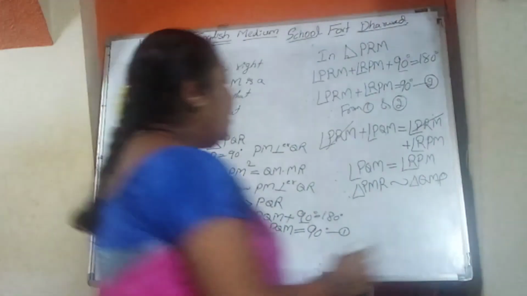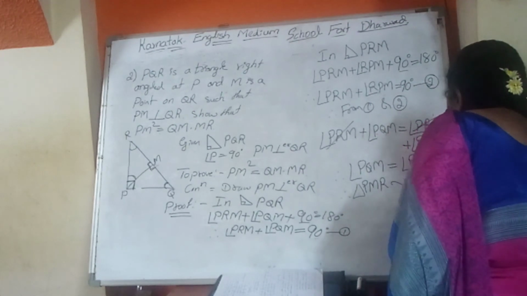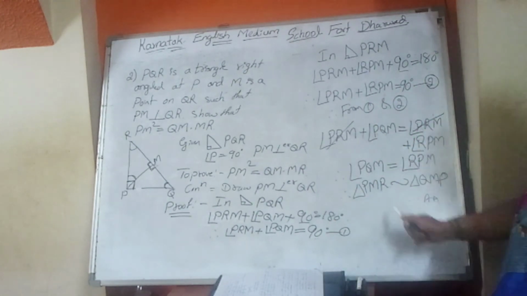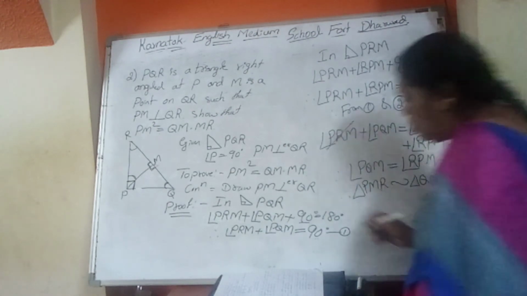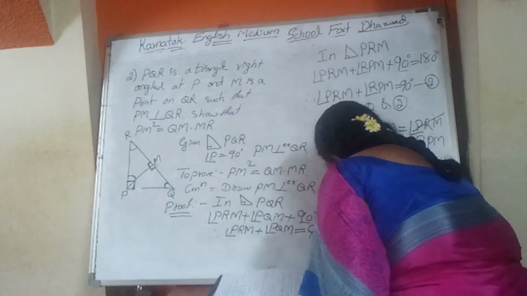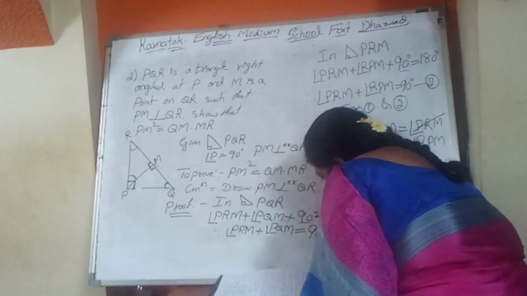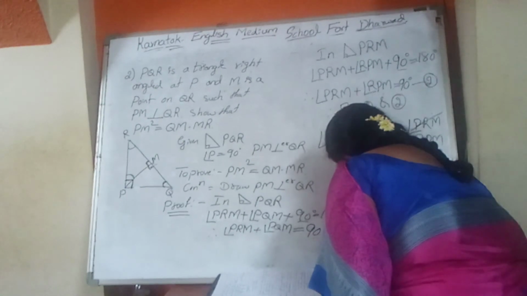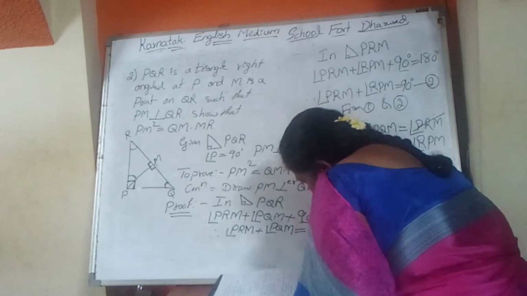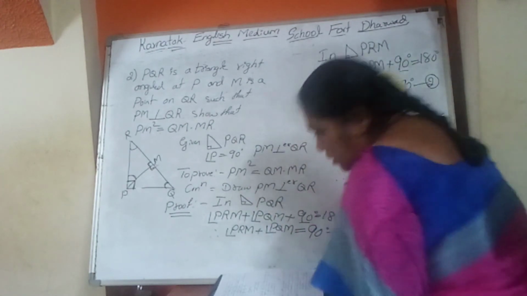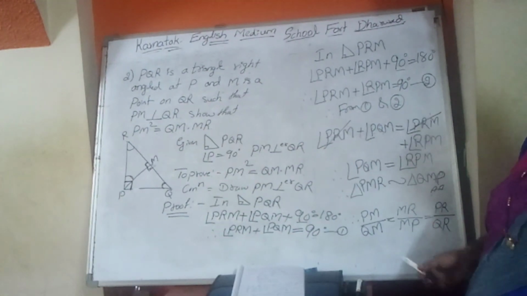Therefore, from AA criteria, these two triangles are similar.